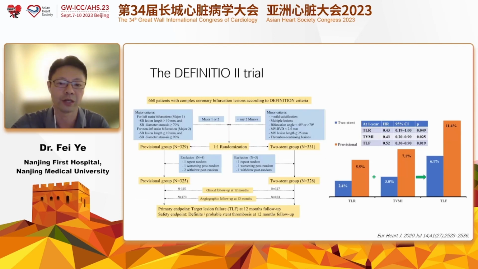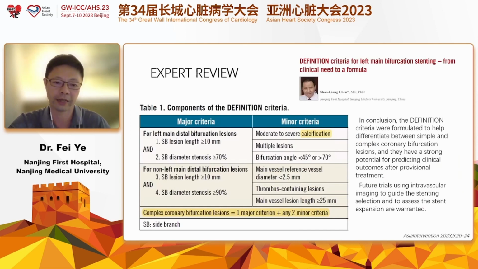In 2020, Dr. Xiaoliang Chen published another trial, DEFINITION II, in the European Heart Journal, and confirmed that if the bifurcation lesion was complex and treated with the 2-stent technique, the 1 year follow-up can get a very good outcome. In 2023, Dr. Chen had an expert review showing the definition criteria for left main bifurcation lesion, from clinical need to formula, which means if it is a complex bifurcation lesion, we should treat the lesion with the 2-stent technique.